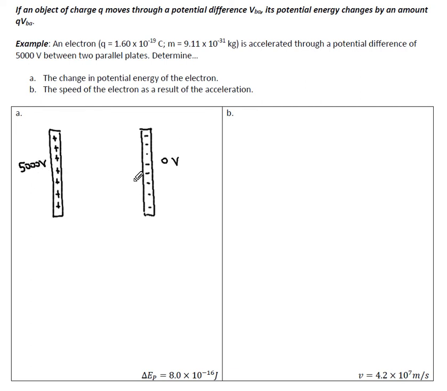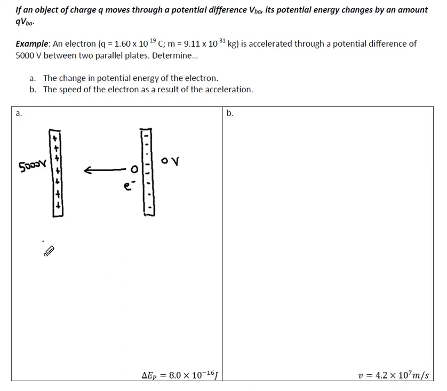We have an electron that is accelerated through a potential difference of that quantity. So here's our electron. We know electric field lines go from positive to negative, but an electron is going to go in the opposite direction, from negative to positive.